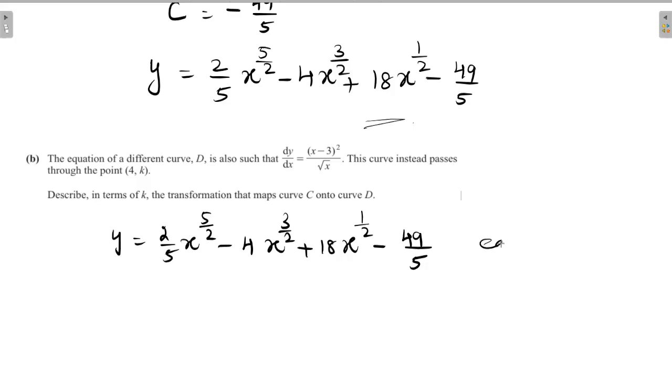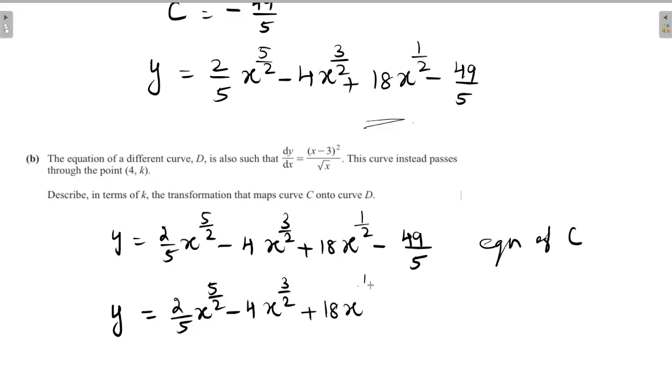This is the equation of curve C. Now we can find the equation of curve D: y = (2/5) x^(5/2) − 4 x^(3/2) + 18 x^(1/2) + C.